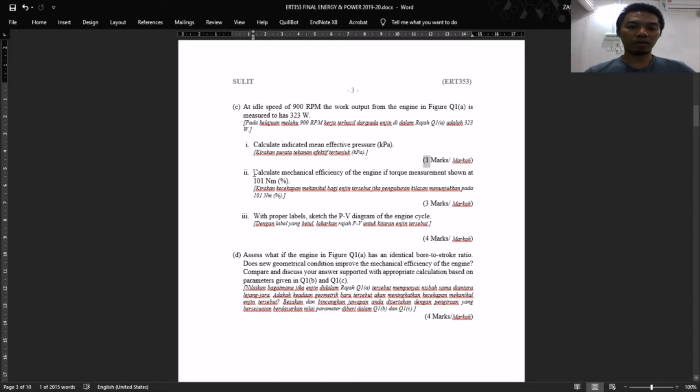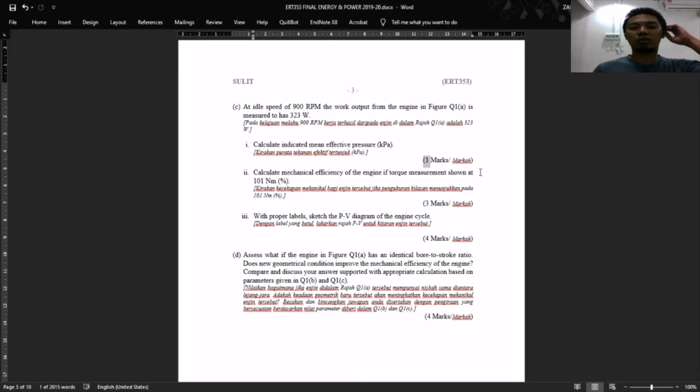The second one is to calculate the mechanical efficiency of the engine if torque measurement is shown at 0.1 Newton meter. So you have to calculate the mechanical efficiency in percentage form. And the last one is, with the proper labels, sketch the PV diagram of the engine.